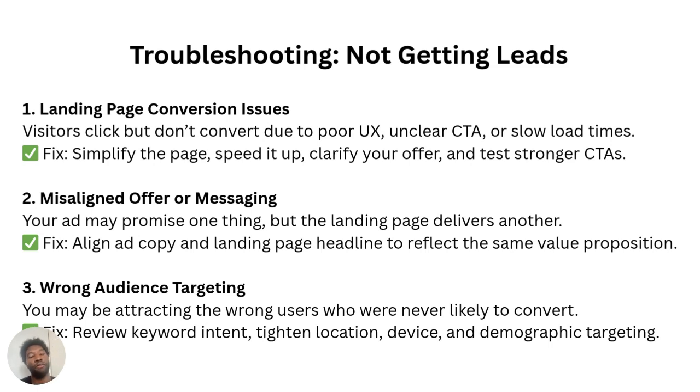So you want to make sure that your copy is very congruent with your ads, so that they have the right incentive to click and they know what they're getting themselves into.